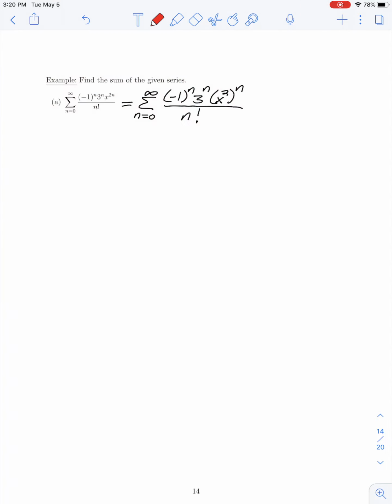Now, using properties of exponentials, if I'm taking the product of 3 terms, which are all being raised to the nth power, that is the same as taking the product of those 3 terms, that is negative 1, 3, and x squared, or negative 3x squared, and then raising that product to the nth power. And then we're dividing the entire thing by n factorial.